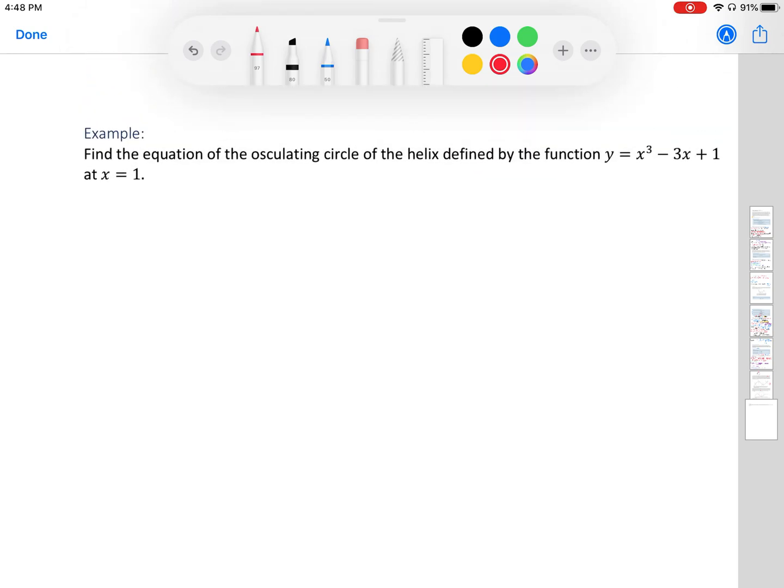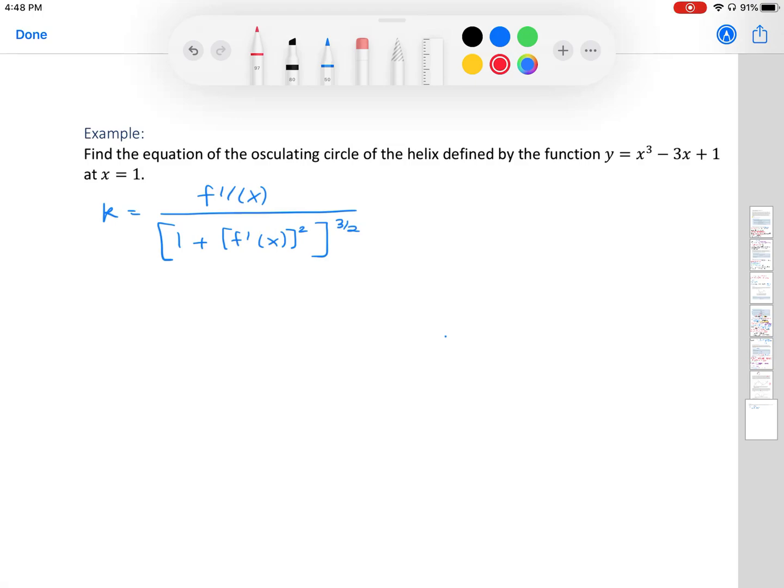Okay, well, to do this, we're going to use our formula: f double prime of x over 1 plus f prime of x squared, raised to the 3 over 2 power. So we need to find f prime and f double prime.